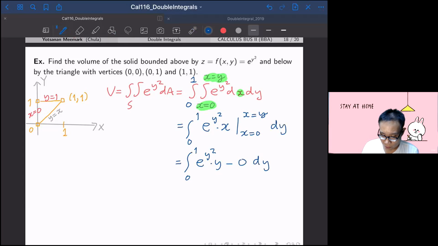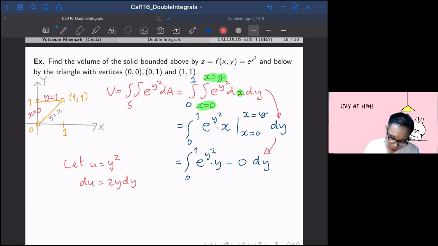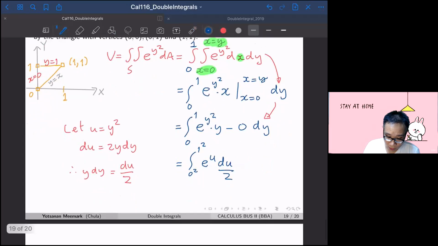Then you're going to use substitution. Let u equal to y squared, du equal to 2y dy, so y dy equal to du over 2. This gives you the integral from 0 squared to 1 squared of e to the u du over 2.